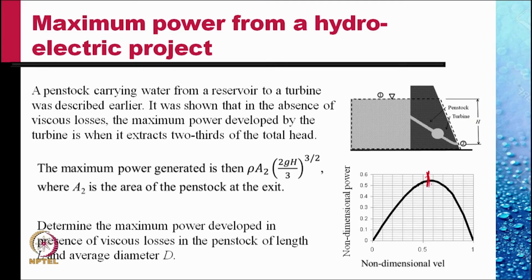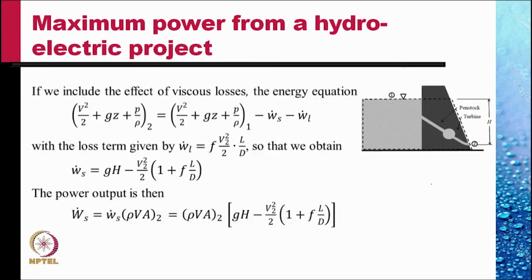Up till now, we have not taken the viscous losses in the penstock into account. The penstock is of length L and average diameter D. If we include the effect of viscous losses in the energy equation, which is this, another loss is f V2² by 2 times L by D. The velocity through the penstock from here to the exit is the same as V2. So we are using this as the head loss.